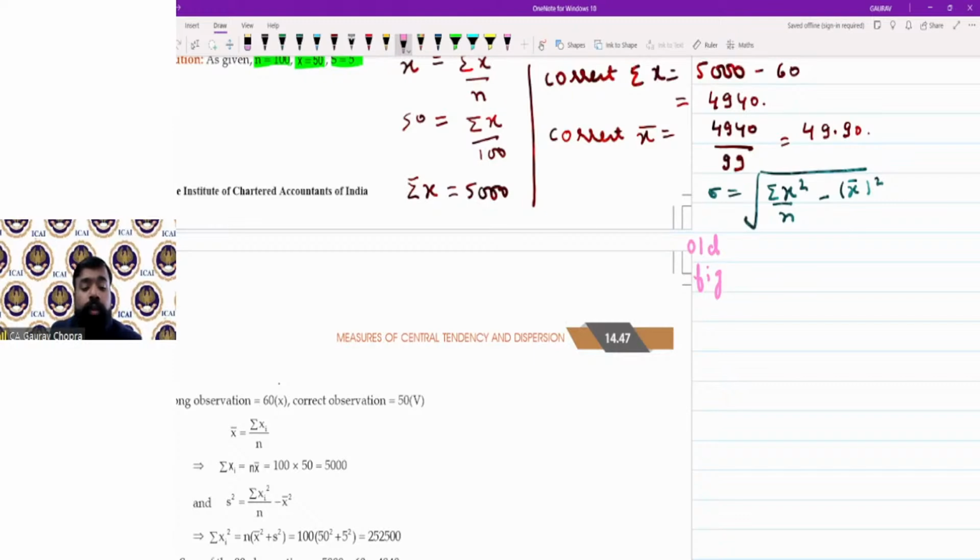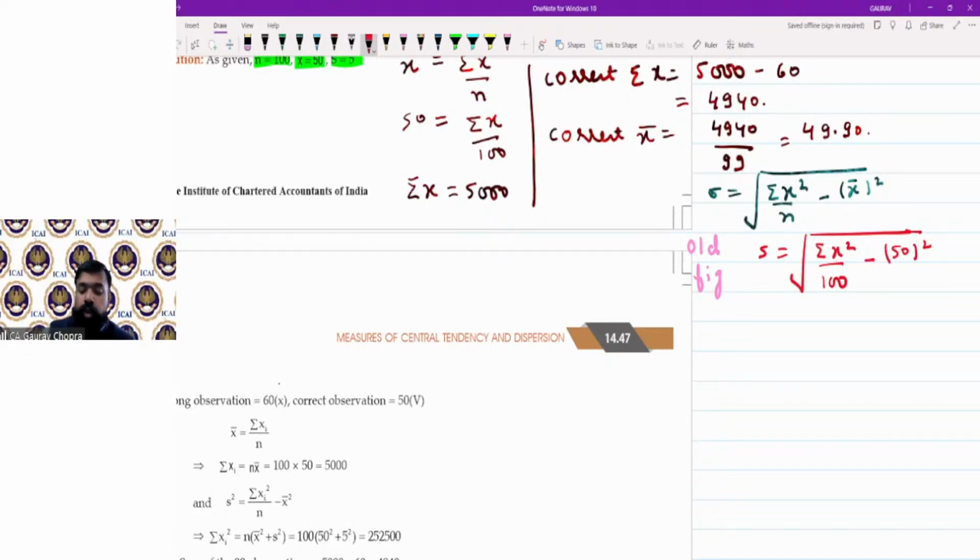So what is the old standard deviation? The old standard deviation is 5. Then sigma x square is unknown, upon n. What is n? Number of observations. The number of observations was 100, minus sigma x upon n, or you can write x bar. So x bar was 50, 50 square. Now you can simplify this.